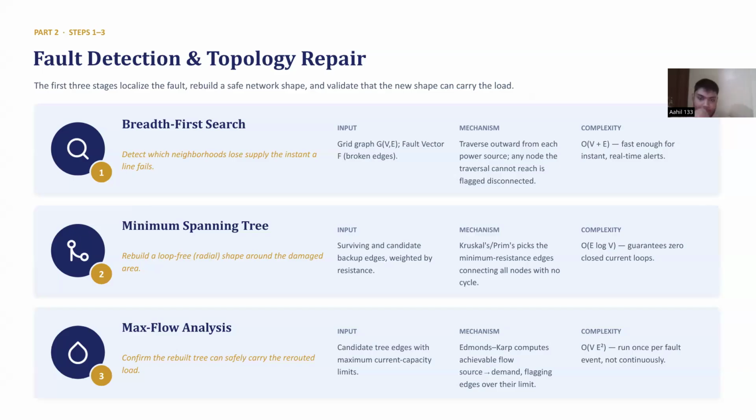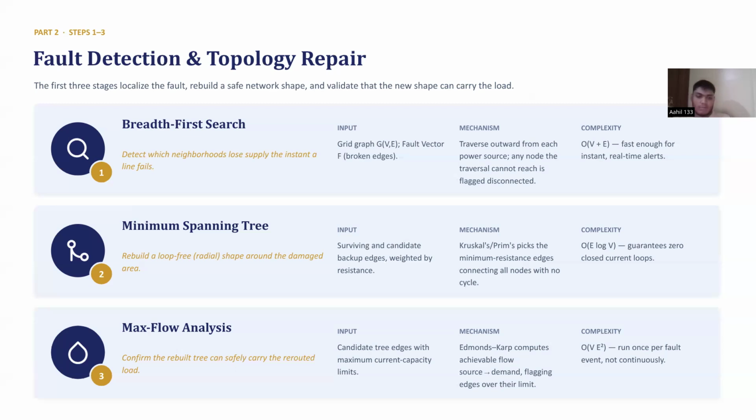The surviving and candidate backup edges will be our input, and Kruskal's or Prim's algorithm will pick the minimum resistance edges that connect all the nodes with no cycle. This has a complexity of E log V, which guarantees zero closed current loops.